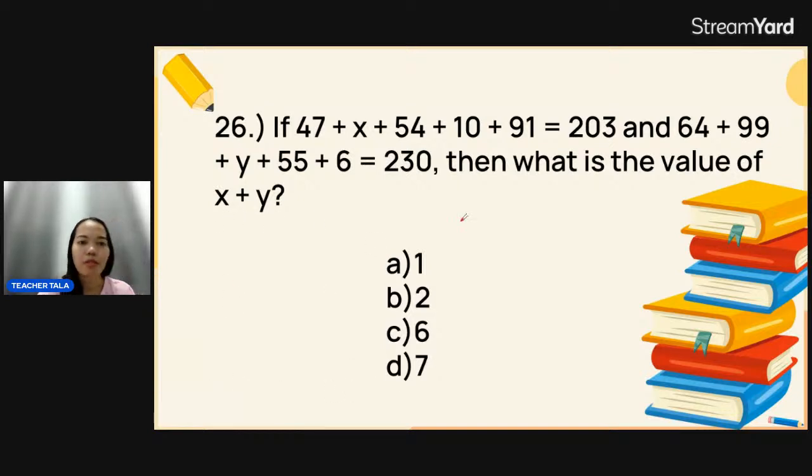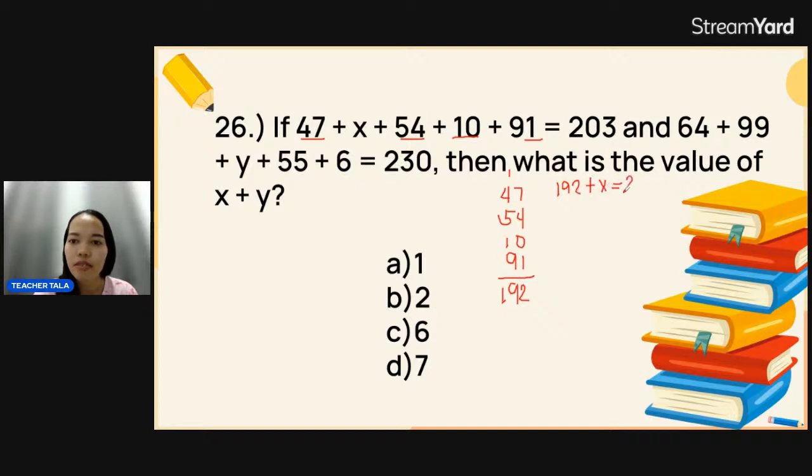So we have ballpoint pen, we will add the numbers. That is 47 plus 54 plus 10 and plus 91. Okay, so 11, 12, 10, 19. So 192. So magiging 192 plus x.